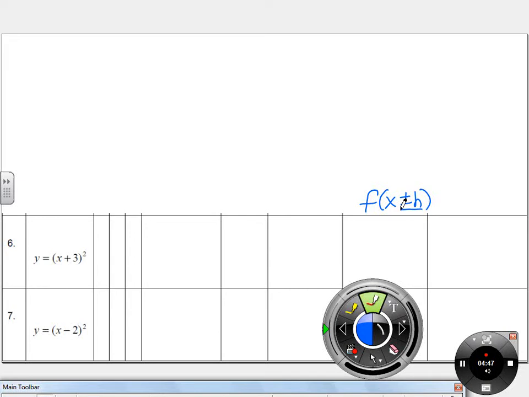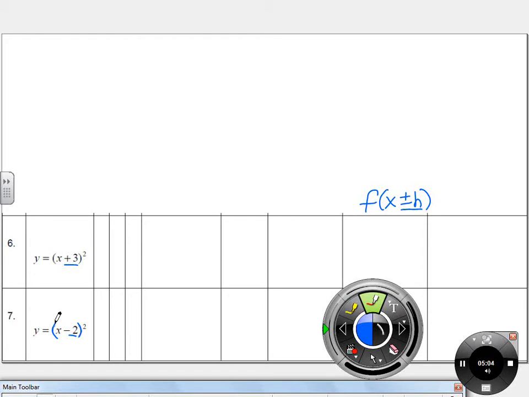That notation is saying it's happening inside the function. So see here when you were adding and subtracting stuff, how it was inside what was being squared? That's why it's a horizontal change instead of a vertical change. Okay? So she's right, they're translated horizontally.